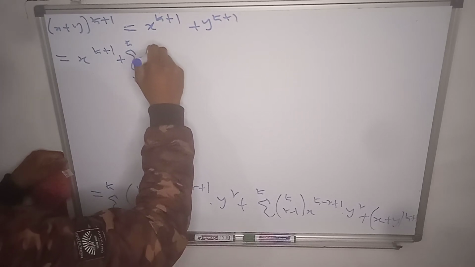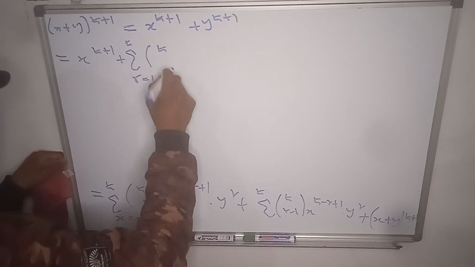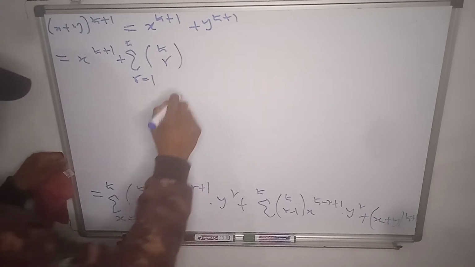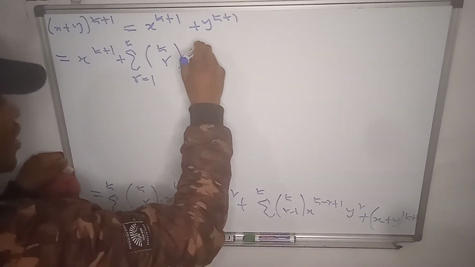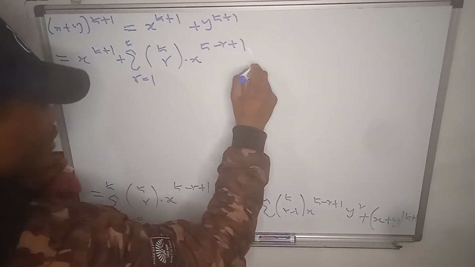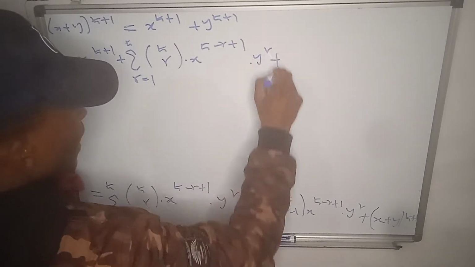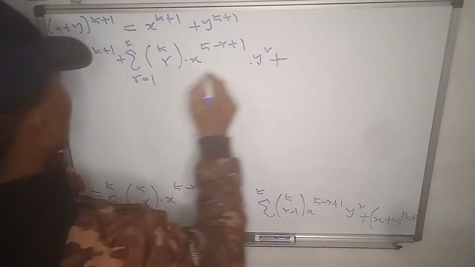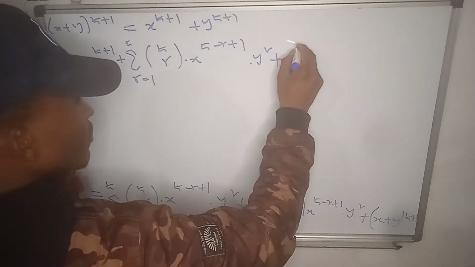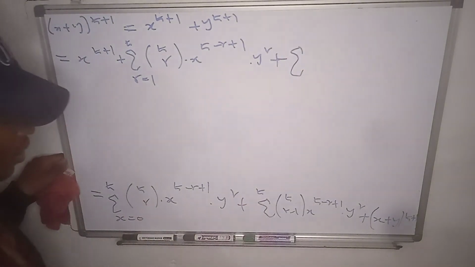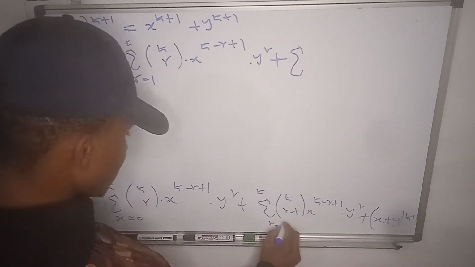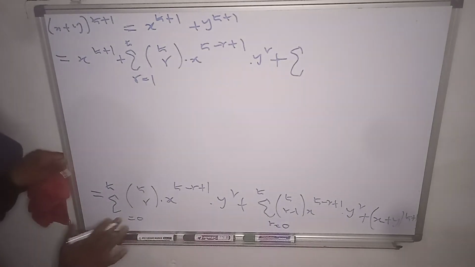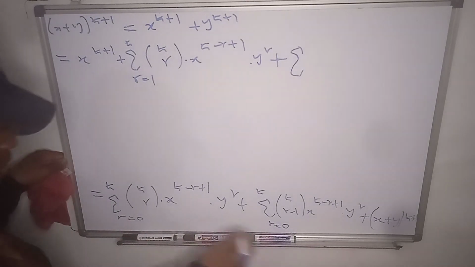So our k combination r multiplied by x^(k-r+1) times y^r, plus this summation again, the summation of y, which is k. Okay, this r is 0 here, sorry. Even here is not x, it's r.